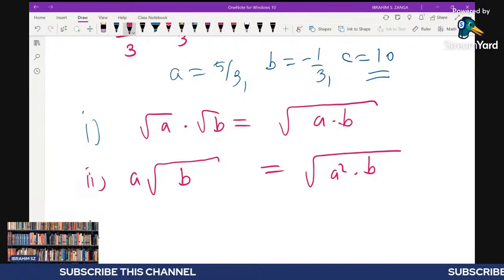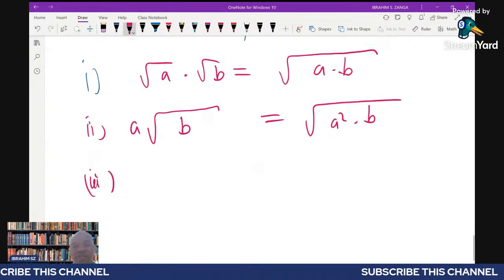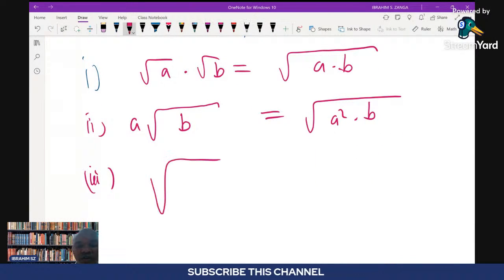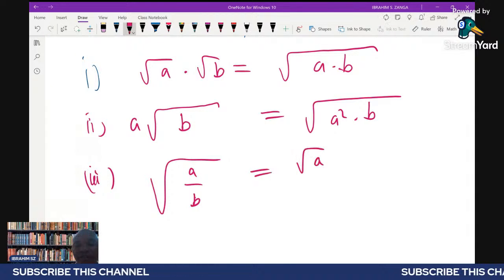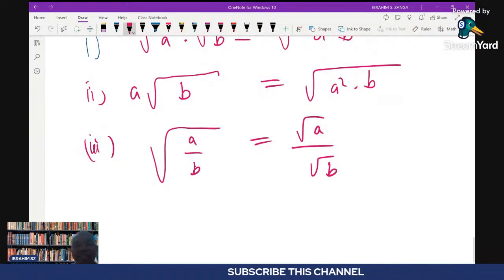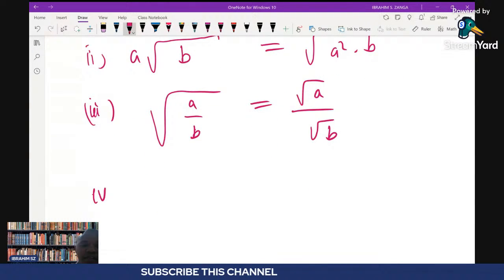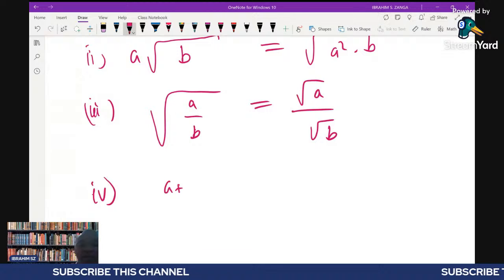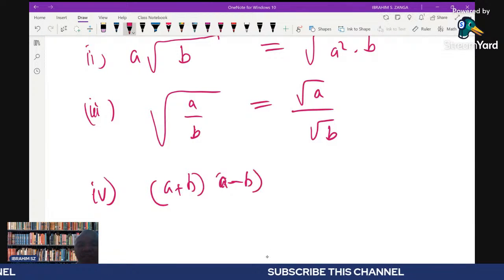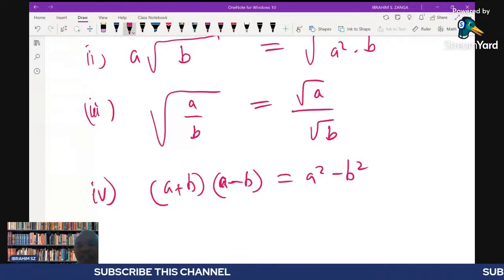And when you have square root of a over b, this is the same as square root of a over square root of b. And the last one, dear students, when you have a plus b times a minus b, this is the same as a square minus b square.